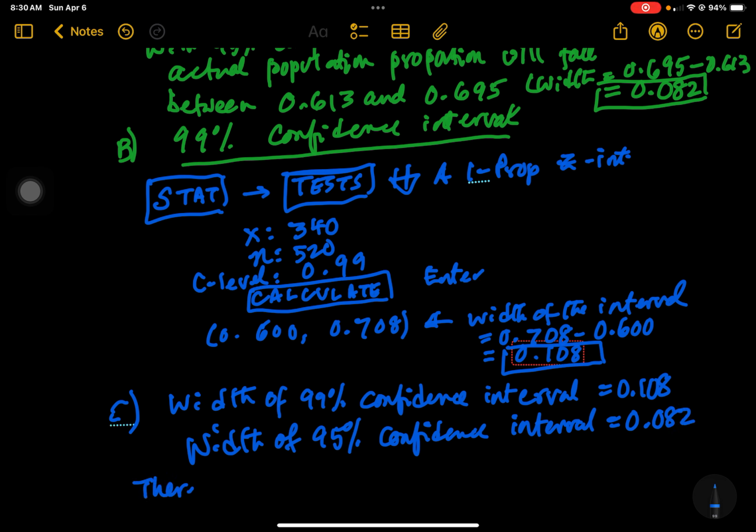Therefore, width of 99% CI, let me write it as CI. CI stands for confidence interval.